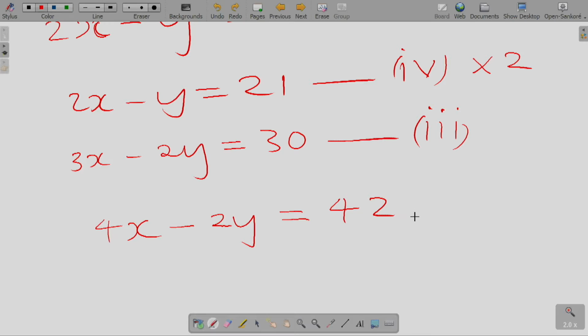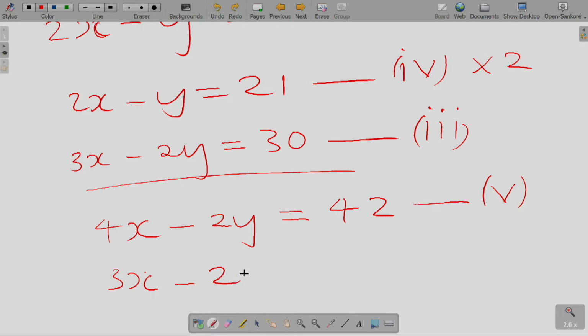So we got another new equation. Let's call it equation number 5. And we also have equation number 3, which is 3x minus 2y equal to 30.